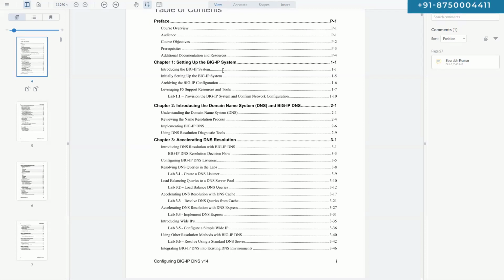So the BIG-IP is the same as what you had during your LTM training, or in case someone did not go through the training, at least they have an idea how LTM works and what BIG-IP is all about.